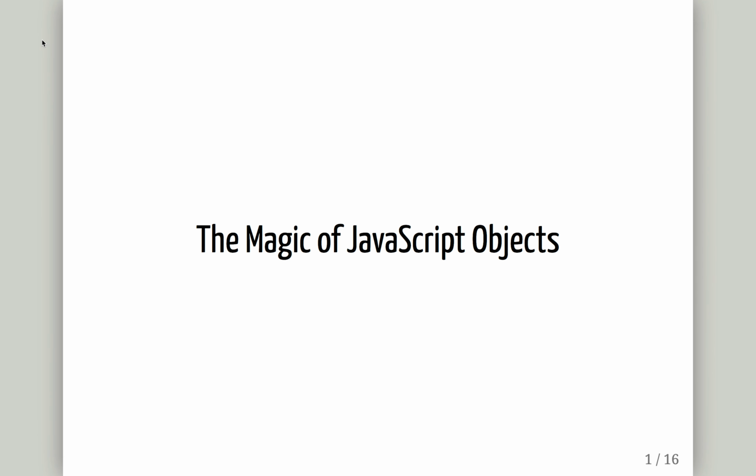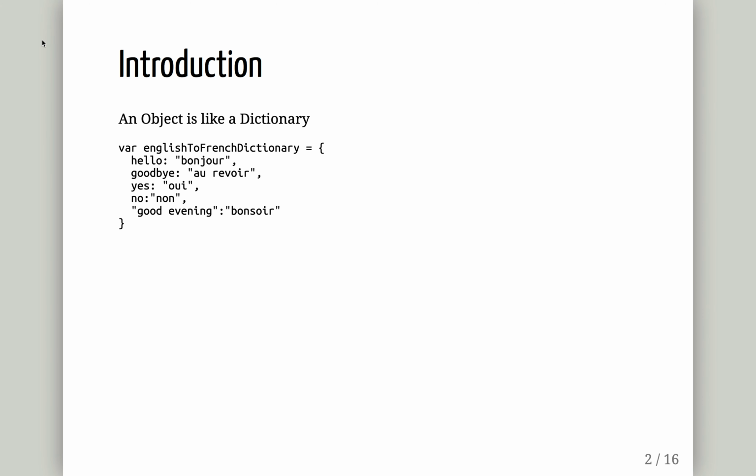All right, the magic of JavaScript objects. An object is like a dictionary. A plain old dictionary like we use in our life. So, for example, one kind of dictionary is an English to French dictionary. If you were looking in an English dictionary book, find hello, and it will say bonjour.